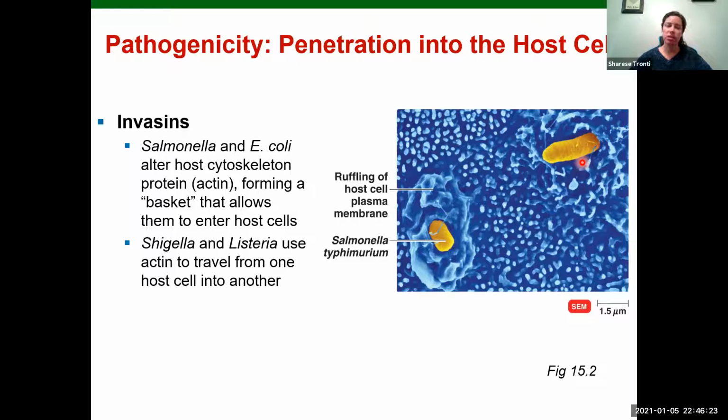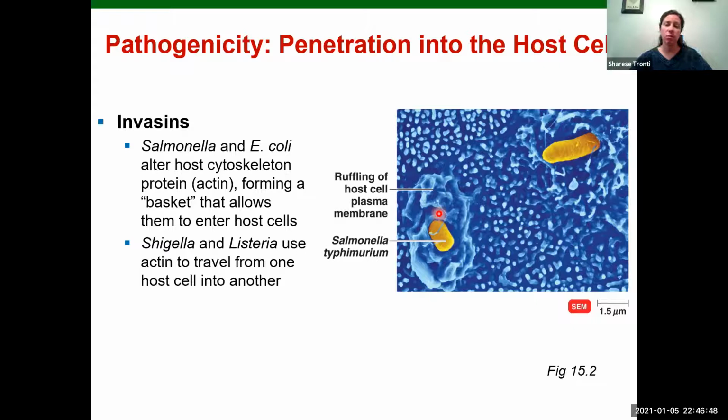Salmonella and E. coli can actually change the actin to make it form this little pocket, or they call it a basket. That's going to allow the microbe to settle in. This is the cell membrane here. So it's going to settle in the plasma membrane and then eventually be able to enter the cell.